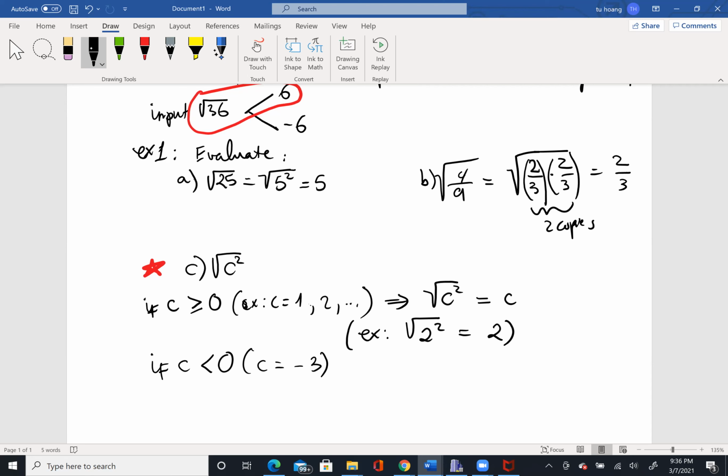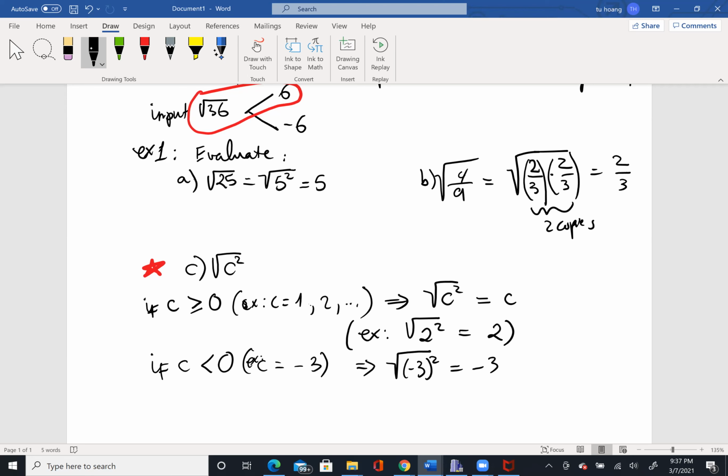So for example, we have the square root of negative 3 squared. What is that going to be? Don't tell me it is negative 3. If you say negative 3, that is wrong. Okay. Remember that.